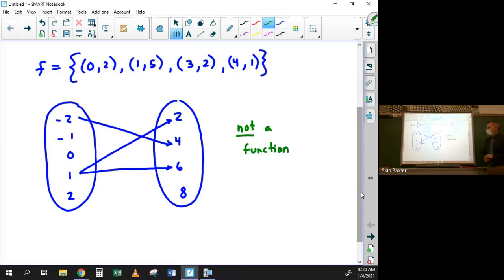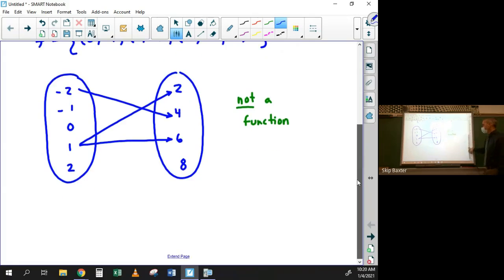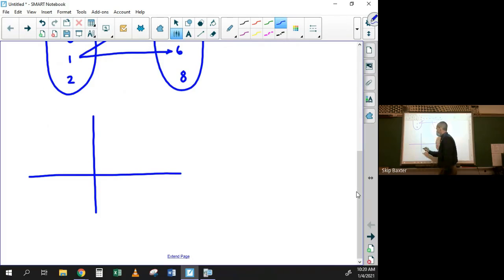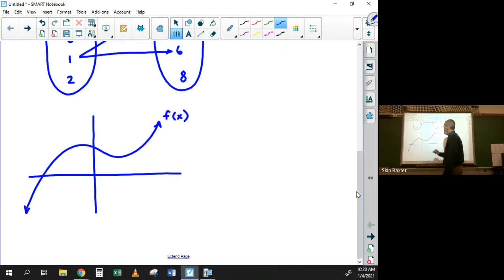Okay. Another way that a function might be represented is by a graph, right? So you might just have a random graph like this. Okay, maybe they say this is f of x. So how can you tell graphically if points share an x value?